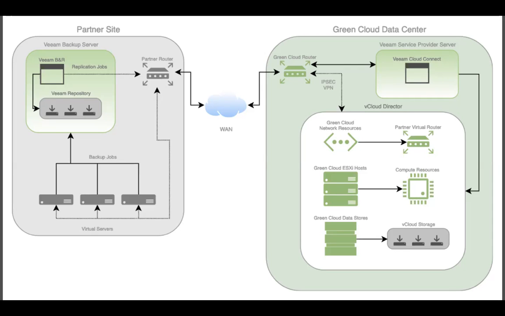Then you can choose to either reserve or not reserve compute and RAM on the target side at the Green Cloud side. And then, of course, we want to find out how much storage is affiliated with the client that you're looking to protect. And then, obviously, that would replicate from their side over to Green Cloud.